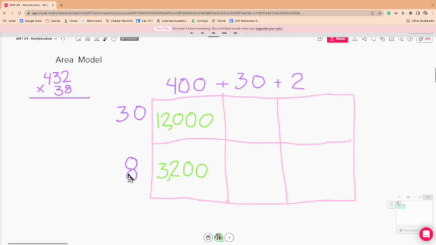Then we're moving on to 8 times 30. So 8 times 3 is going to be 24. And since it's 8 times 3 tens, we want to make sure we don't add the 0, but we include the 0 in our answer here.